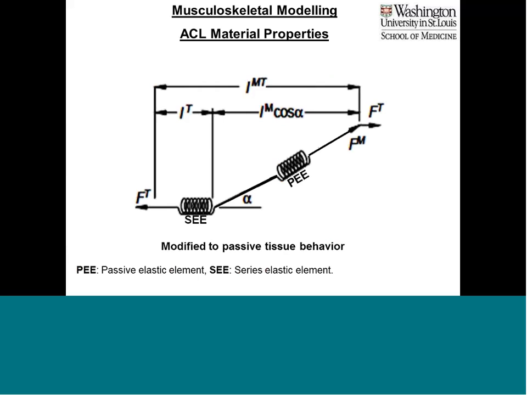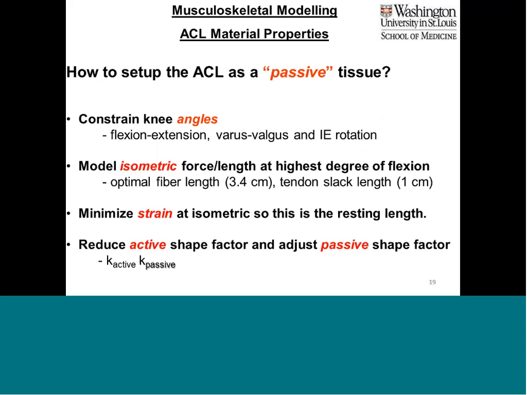So here's a diagram showing just the passive elastic element, where I have taken off the active contractile element, and this was achieved by all the points that I made in the previous slide on how I set up the passive tissue.